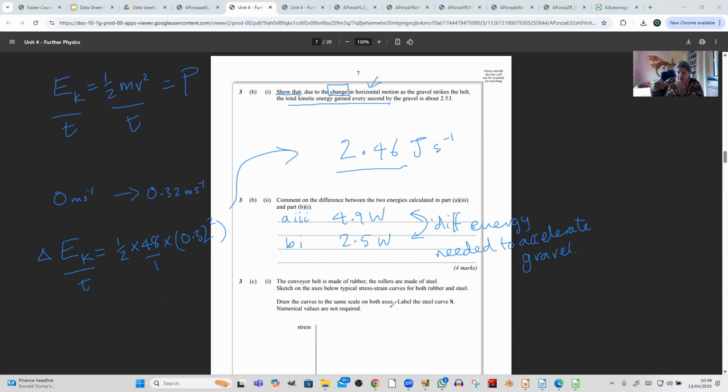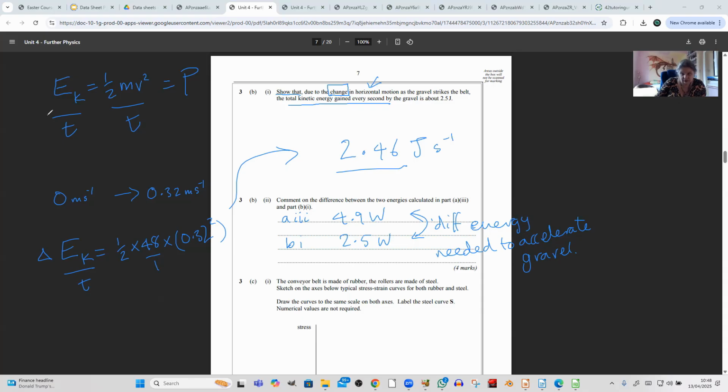It ends up as heat. Usually, I mean, it's always heat in the gravel and belts. Yeah, heat. Internal energy, if you prefer that. Thermal energy works too. You need to say where it ends up.